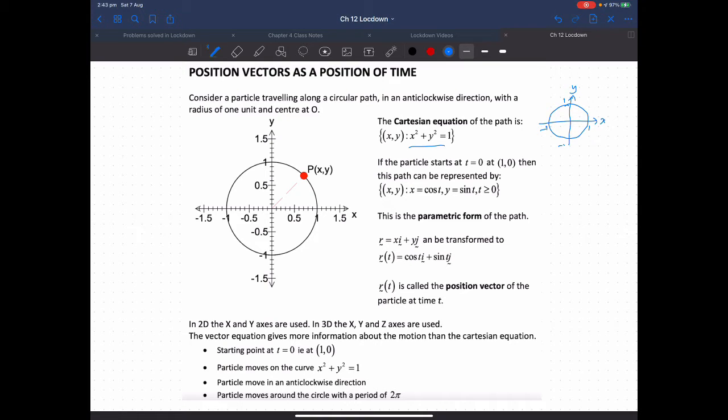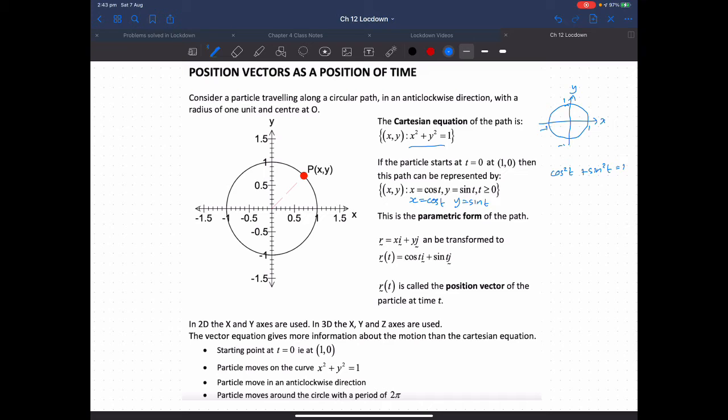But if we were to do this as a parametric equation where we define x is equal to the cosine of t and y is equal to the sine of t, we know cos squared t plus sine squared t equals 1.